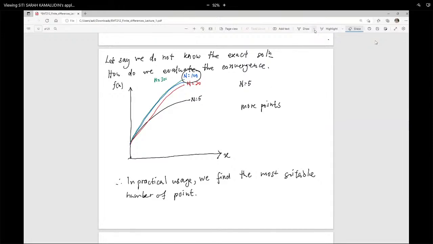This is only for your knowledge, but for the purpose of our course, we will just use n is equal to 5, n is equal to 10.